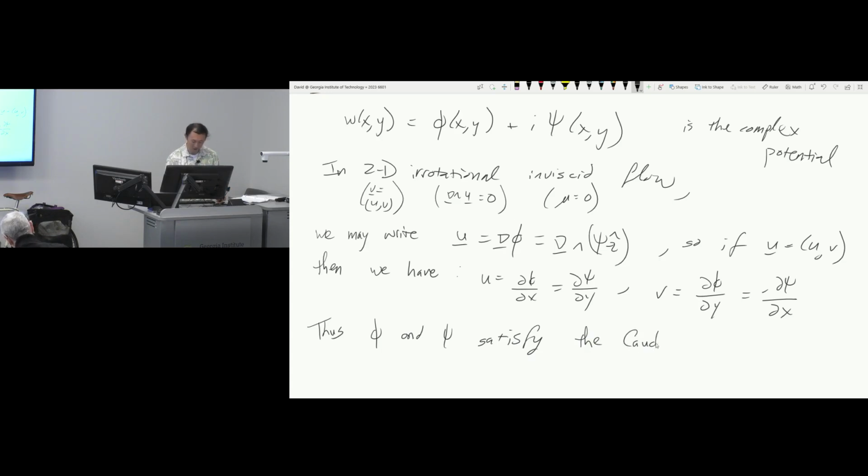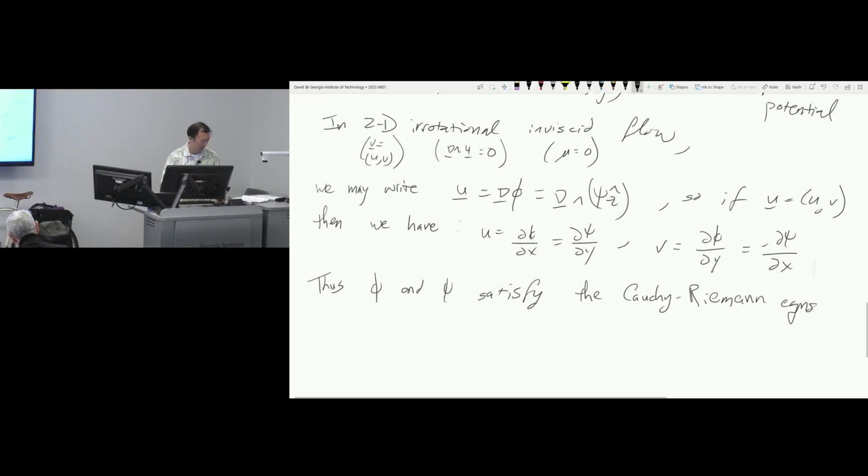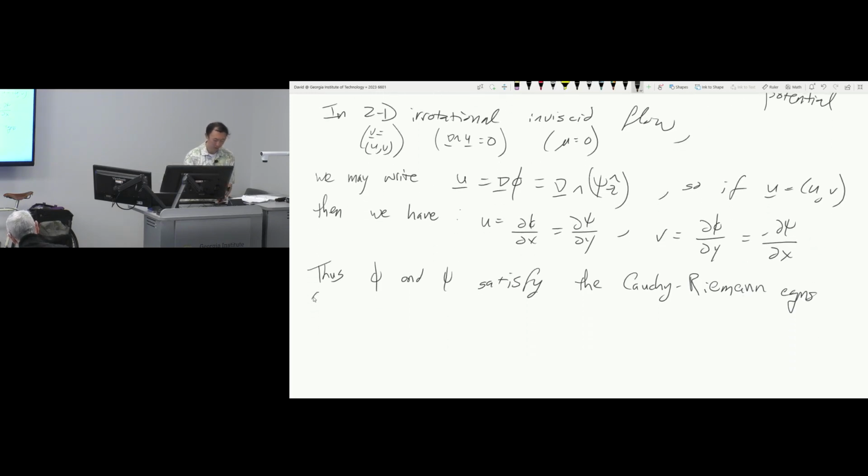They use that a lot in other fields. The Cauchy-Riemann equation says the requirement of differentiability of a complex function.